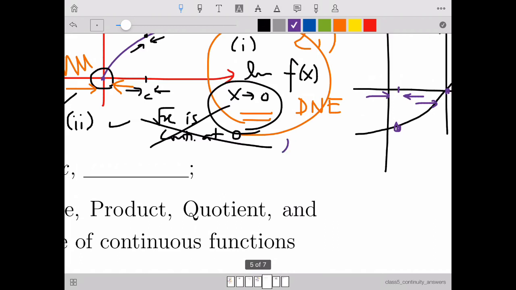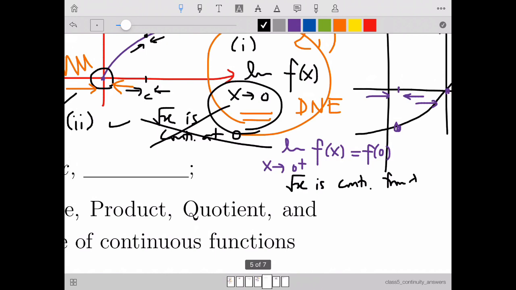If I take the limit as x approaches 0 plus, from the right of 0, then this limit exists and is equal to its function value. So I can say square root of x is continuous from the right at 0.